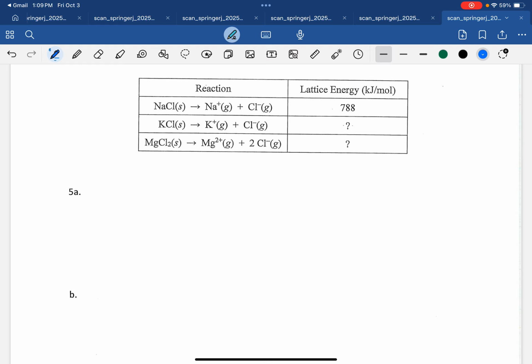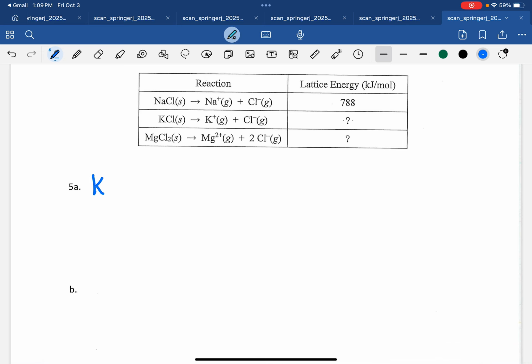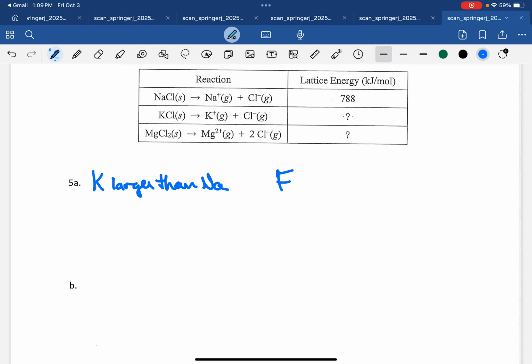So here we go. If you look at NaCl versus KCl, Na is in period 3 and K is in period 4. So K is larger than Na. That means when we're looking at Coulomb's law, F is proportional to Q1 Q2 over R squared.